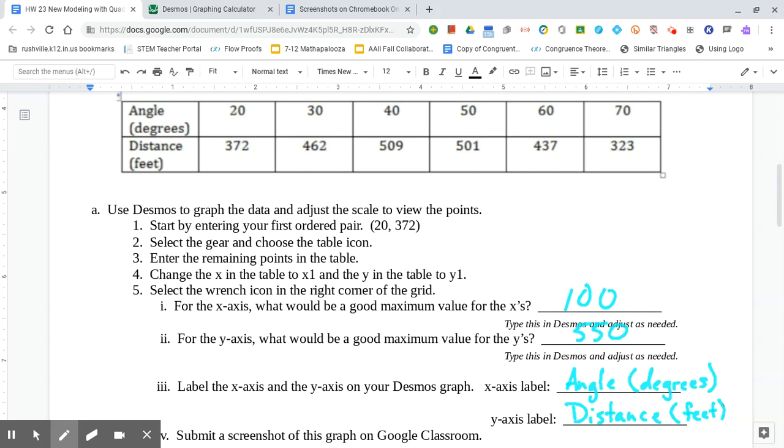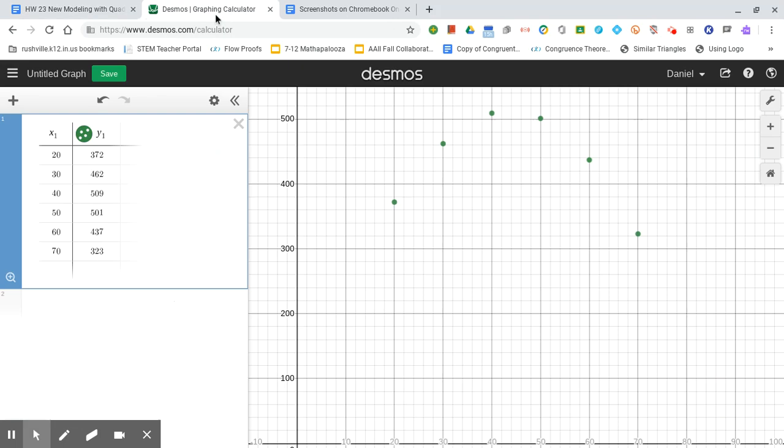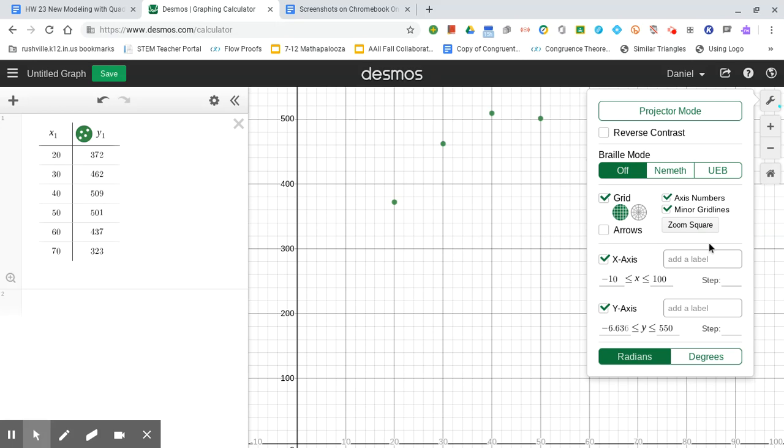Okay, so what we want to do is when we make graphs, we want anyone to be able to look at them and know what's going on. We're going to add those labels to our graph. And so here, I'm going to go back to graph settings. And when we click on that, we see there are some boxes down here for adding labels. It's a very easy step to do.